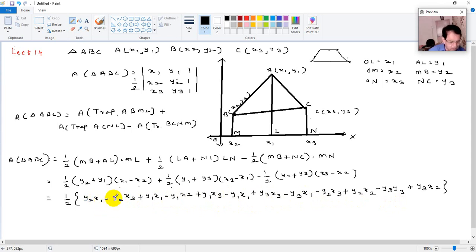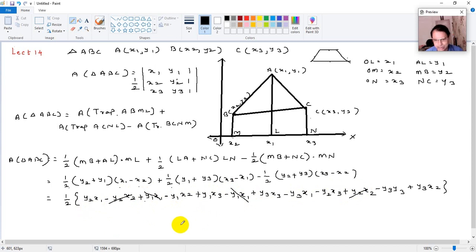Whenever you consider all this product, finally what remains is this: x1 y2 x2 is there, right? Minus y2 x2 and this is plus y2 x2. So this gets cancelled. Then what? y1 x1 with minus sign and this is with plus sign y1 x1, that gets cancelled.